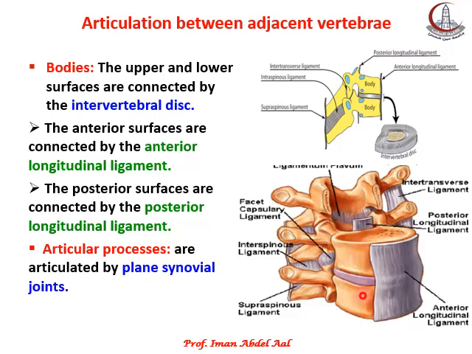So the two vertebrae have an upper surface and a lower surface. The lower surface of this vertebra with the upper surface of this vertebra are joined together by the intervertebral disc. The anterior surfaces are joined by the anterior longitudinal ligament. The posterior surfaces are joined by the posterior longitudinal ligament.